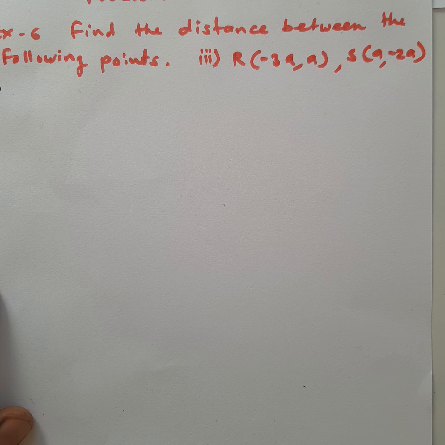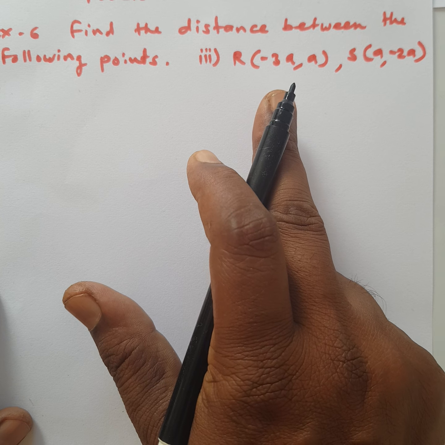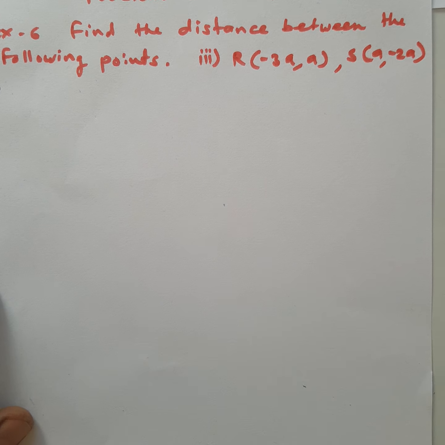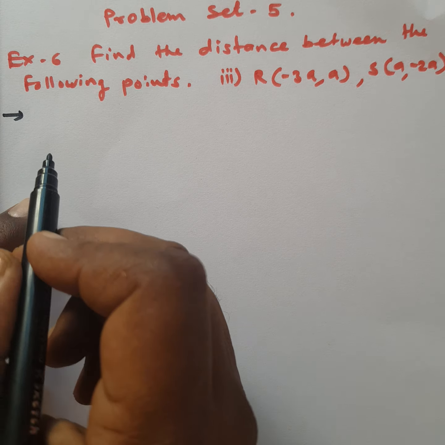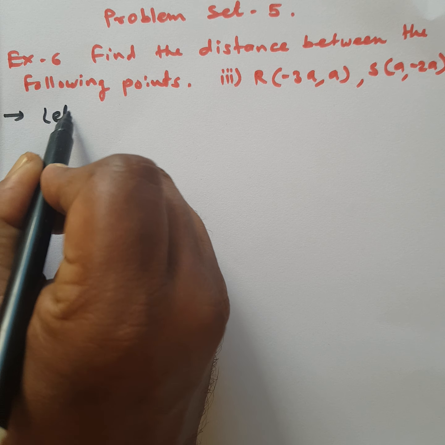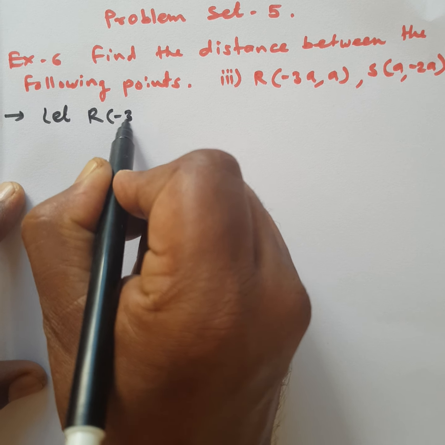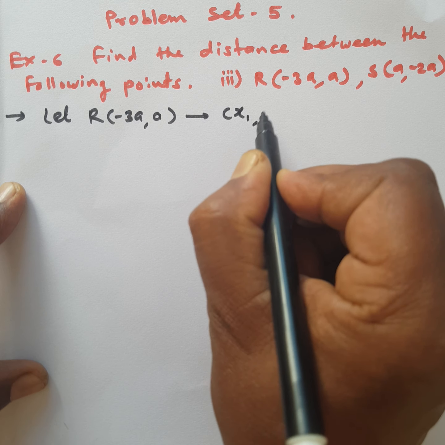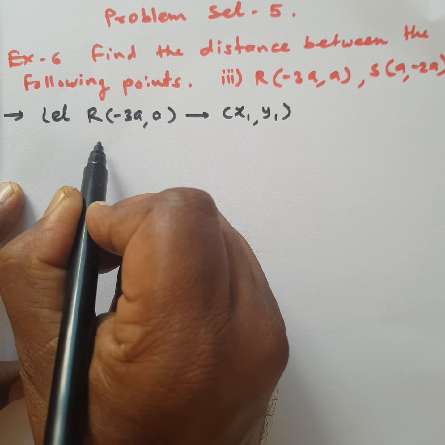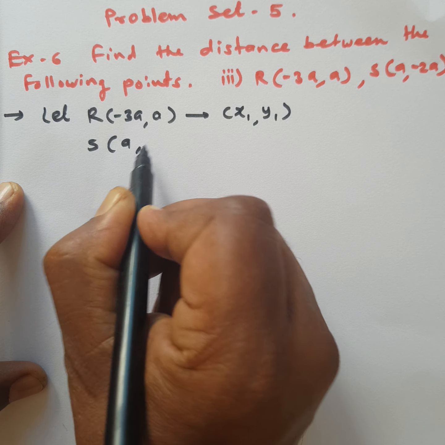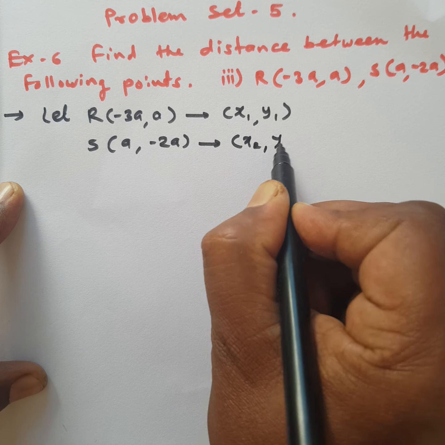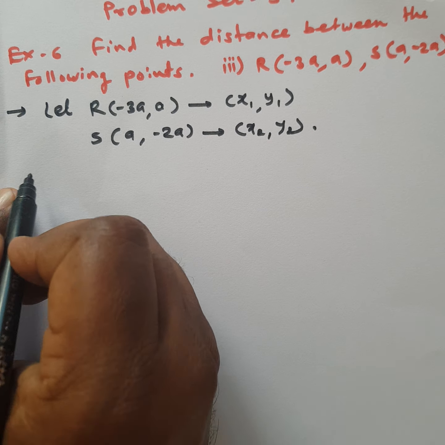The 2 points given are R(-3a, a) and S(a, -2a). Let R(-3a, a) be (x1, y1) and S(a, -2a) be (x2, y2).